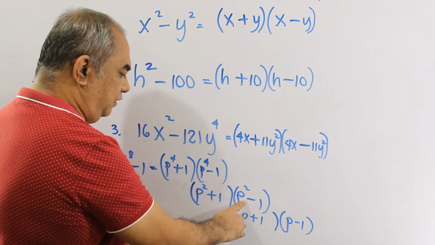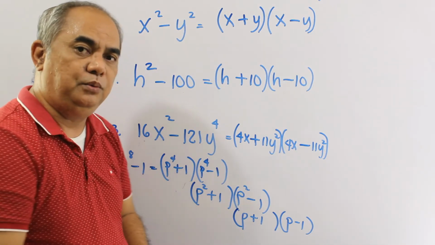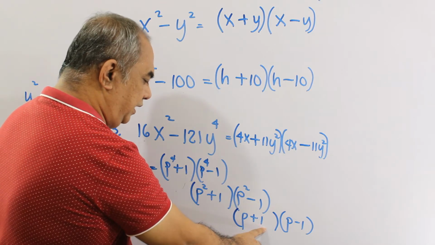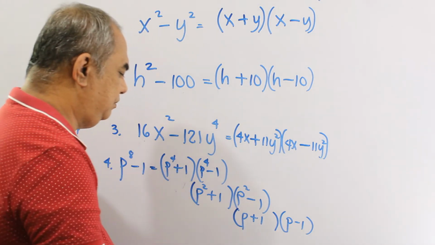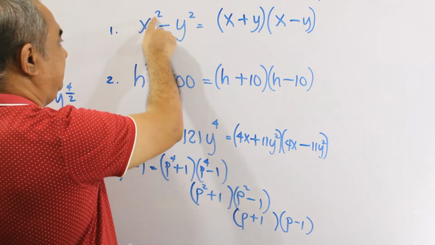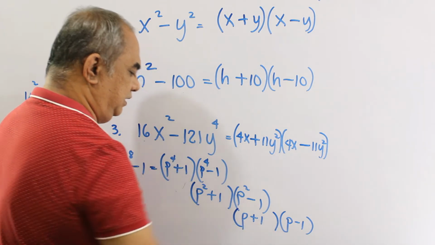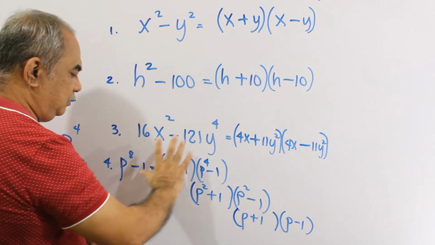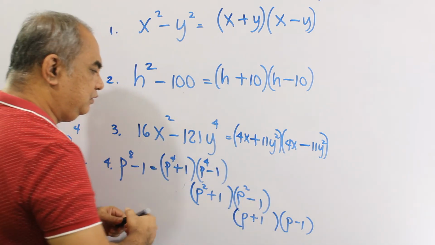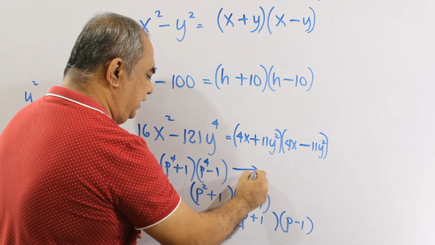The factored form of p squared minus 1 will be p plus 1 and p minus 1, because p squared, just like this one, will have a factored form, or square root, of p and another p here.